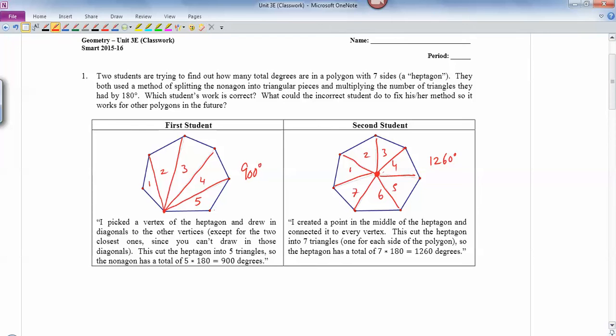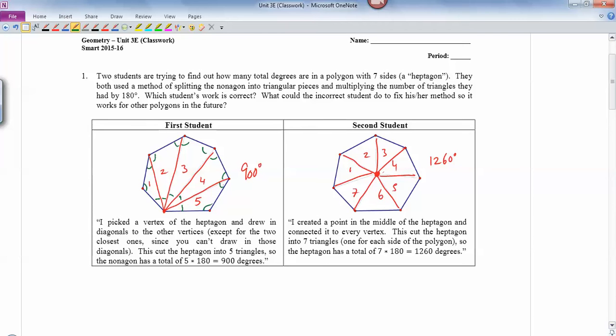Let me point this out to you. If we look at what the angles of the triangles form, here's one angle. Let me mark the 3 angles of every triangle. So in this one, we've got these 3 angles, then these 3 angles, and these 3 angles.